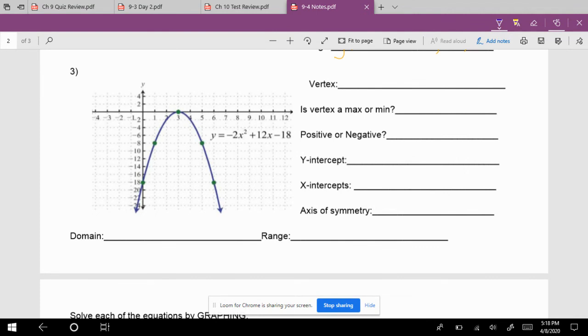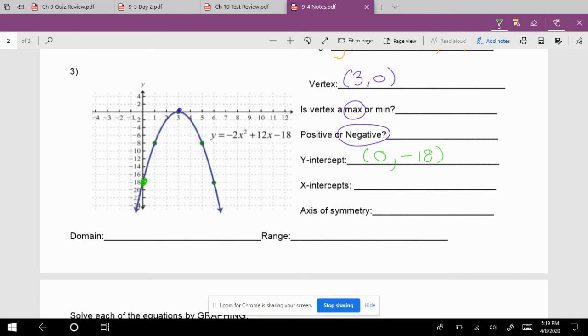Okay, so the vertex for this one is right here, and that is (3, 0). That is a maximum point. This parabola is negative. The y-intercept is all the way over here at negative 18, so that is (0, -18).